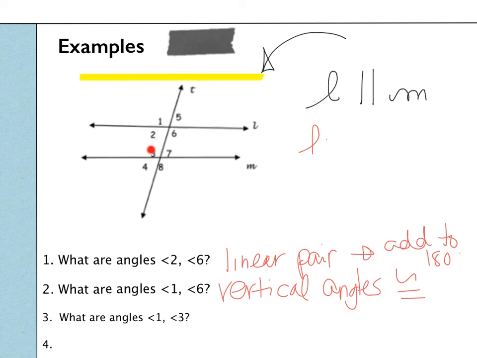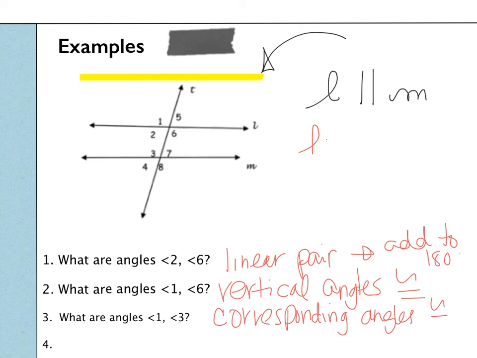So they can't be consecutive interior. And the consecutive exterior would mean they'd be outside the parallel lines. But they're in the same location, right? If I were to cut right here and slice this in half, 1 would fit on top of 3. Oh, these are corresponding angles. And corresponding angles are congruent.